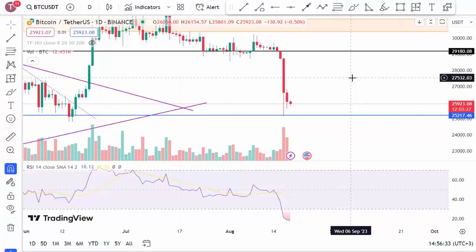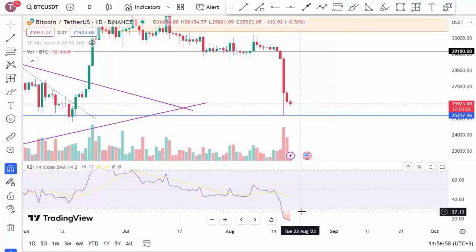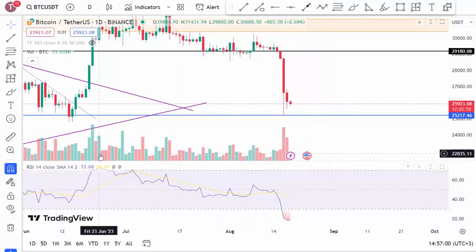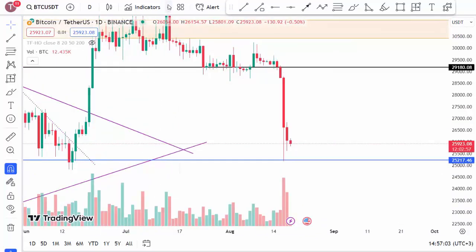If the 30 level breaches upward and heads towards the 50 level, we could indeed have a possibility of seeing a significant upward movement in price. Especially, my friends, the movement from 50 to 70 would be really important for us in terms of price movement. Let's not forget this, of course. Additionally, since it's below the 30 level currently, we unfortunately cannot say anything positive.